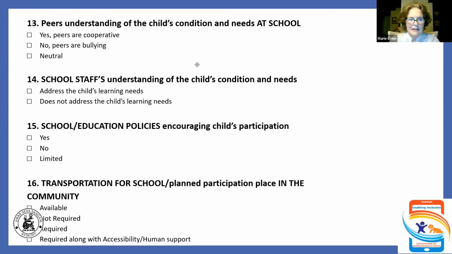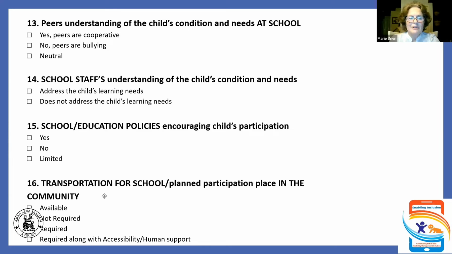Then we look at the peers' understanding of the child's condition and needs at school, whether they're cooperative or bullying. We look at the school staff's understanding of the condition, and whether or not they're addressing the child's learning needs. We look at the school and the education policies, whether or not they encourage the child's participation.